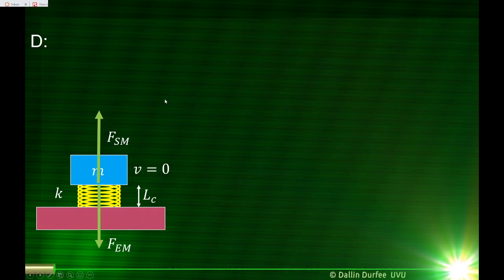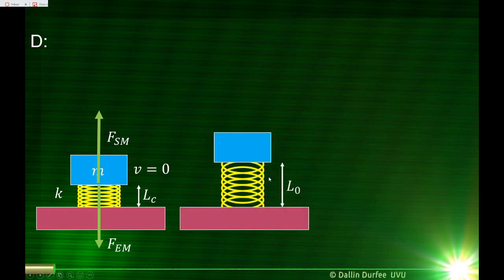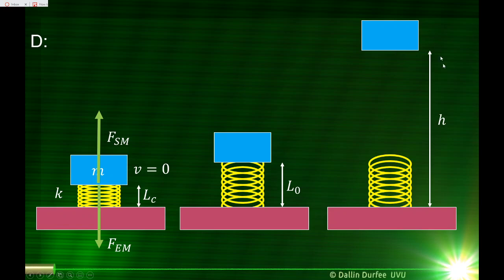Okay? And then the spring expands and pushes the mass upward, accelerates it upward, until the spring is completely uncompressed. All right? Then once the spring is completely relaxed, the mass continues to move free of the spring and goes up to a final height h. At this point, once it leaves the spring, there's only one force acting on it, and that is the force of gravity, the force of the Earth on the mass.